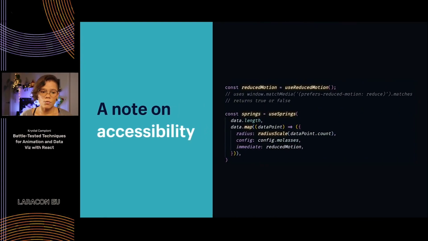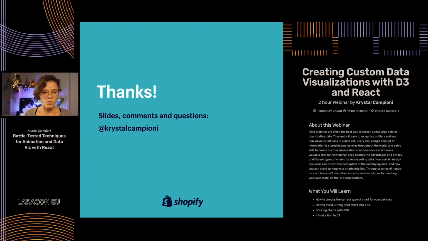In our projects, we have a useReducedMotion hook that takes advantage of window.matchMedia to check if the user prefers reduced motion or not and return true or false accordingly. This plays really nicely with React Spring as it accepts an immediate prop that when set to true basically turns off the animation, meaning that it's going to go immediately to the last step of the animation instead of just playing it.